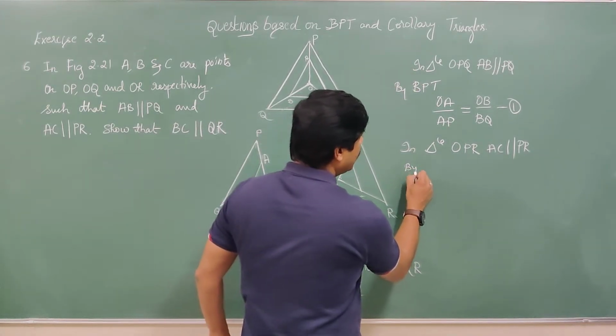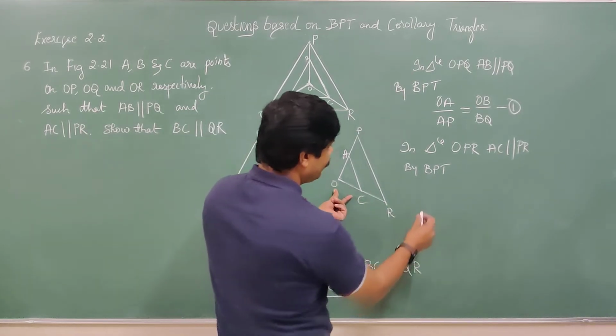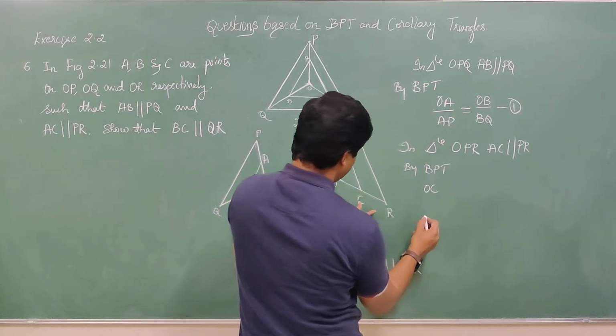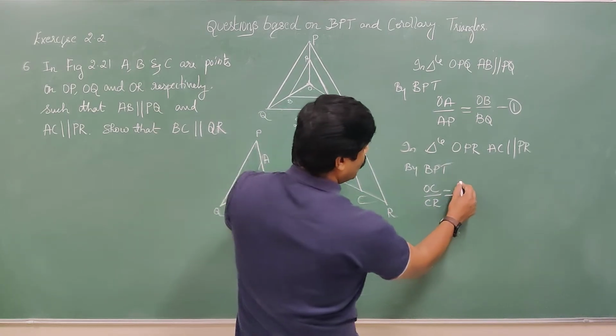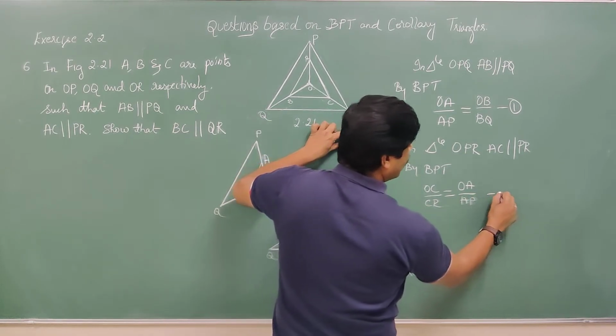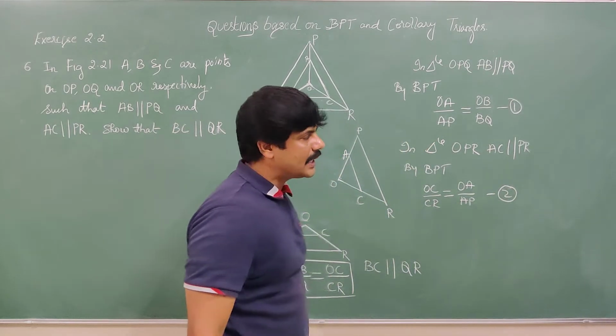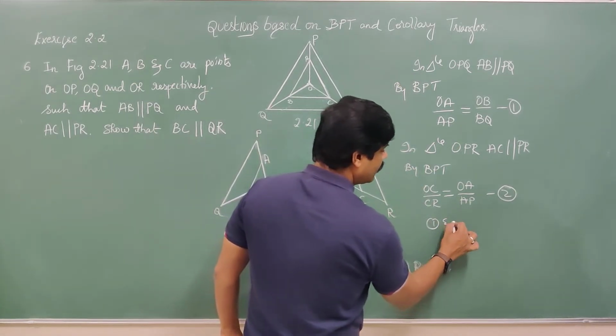Therefore, by the basic proportionality theorem, OC by CR is equal to OA by AP. Mark this as 2.